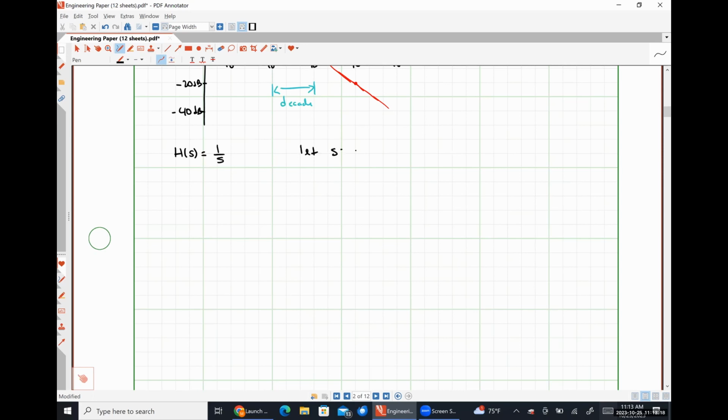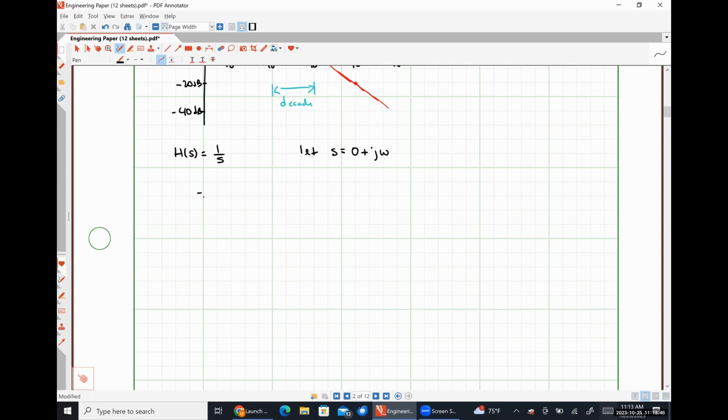So let S equal 0 plus j omega. Effectively, all this means is that we're assuming that our system is operating at sinusoidal steady state where the frequency is what matters and the transient condition, so the exponentially decaying part, has died out.